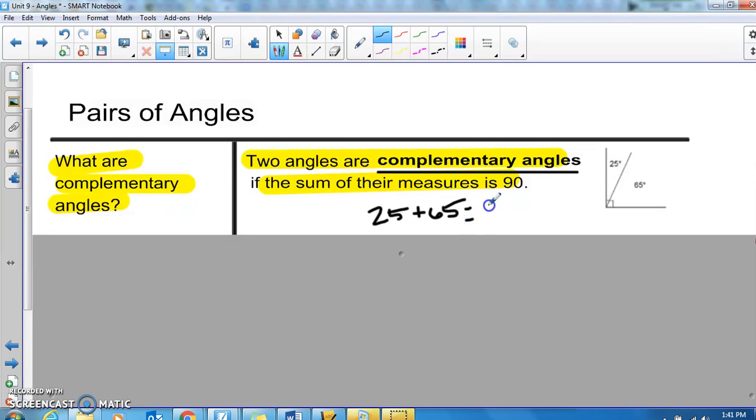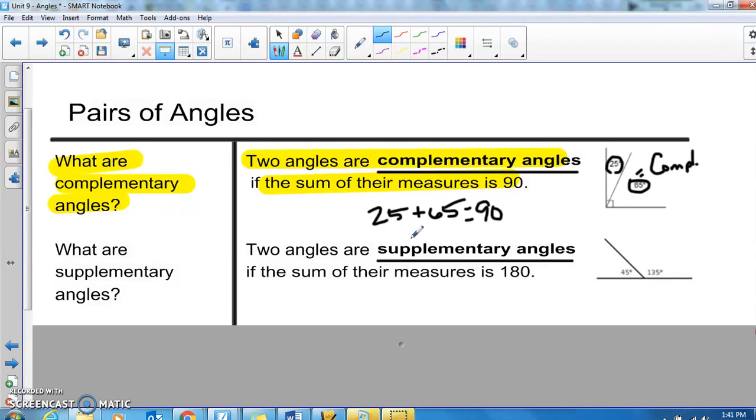So 25 and 65 gives you 90. That means that these two angles that measure 25 and 65 are complementary because they add up to equal 90 degrees.